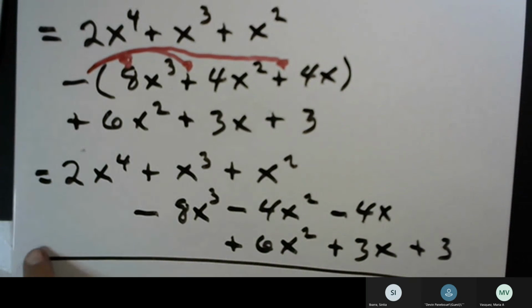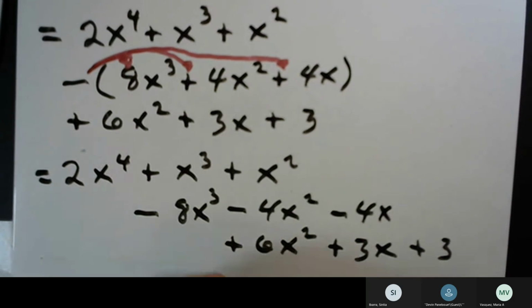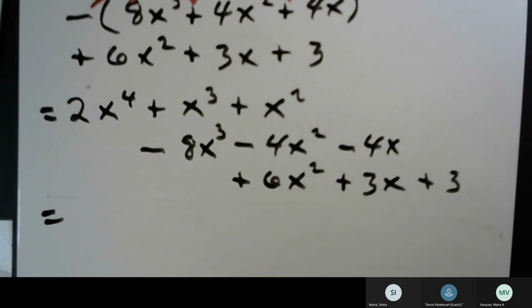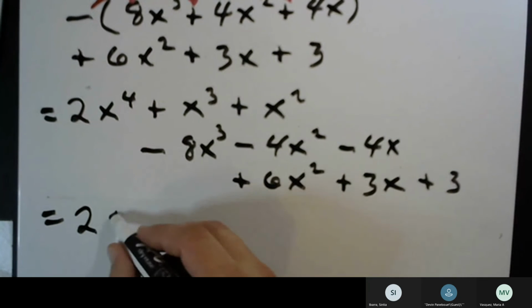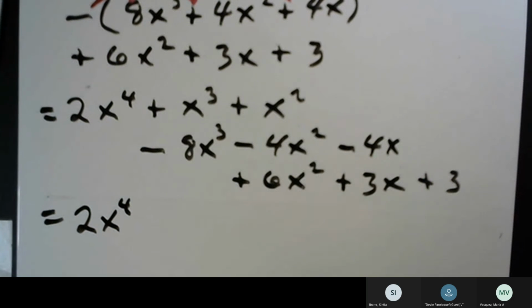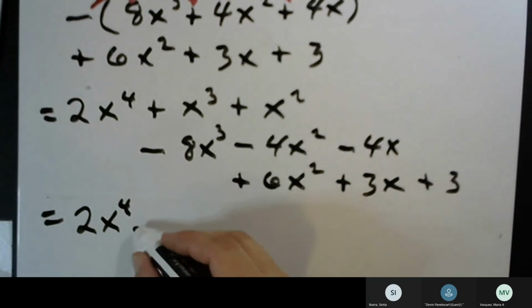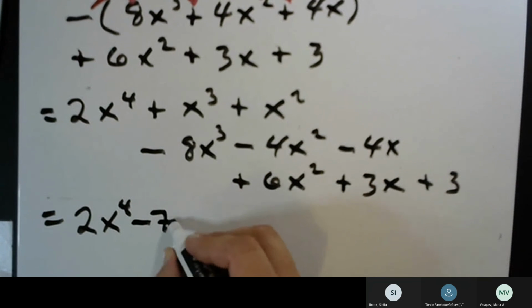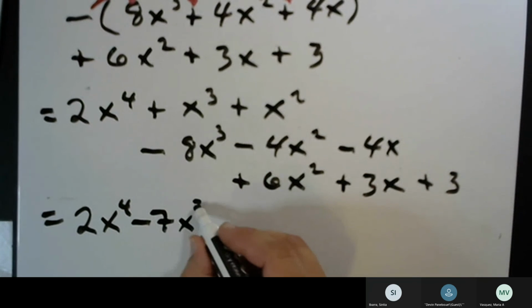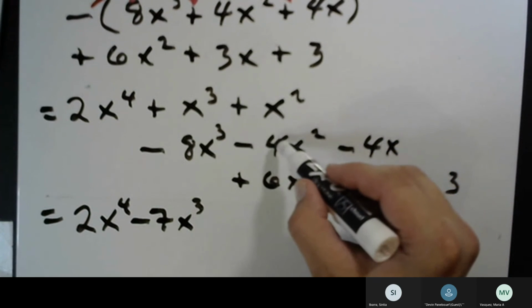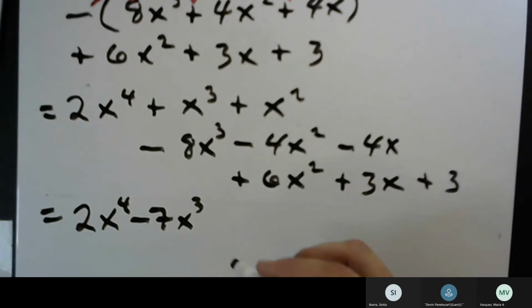And if I add these terms together, we'll get 2x to the 4th. And the reason I wrote it in this way is now I can go x cubed minus 8x cubed minus 7x cubed. 1, negative 4, and 6.